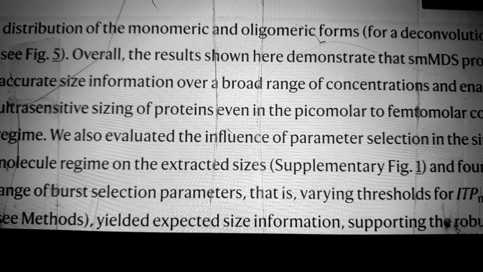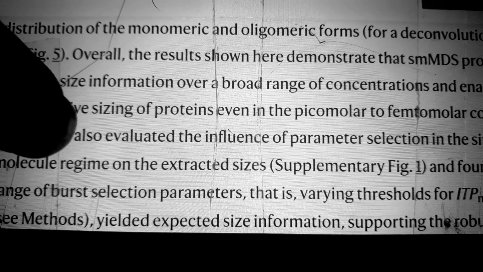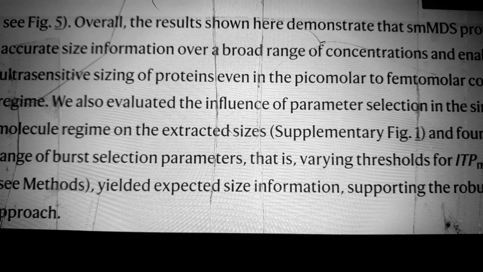Overall, the results demonstrate that SMMDS provides accurate size information over a broad range of concentrations and enables ultra-sensitive sizing of proteins even in the picomolar to femtomolar concentration regime.